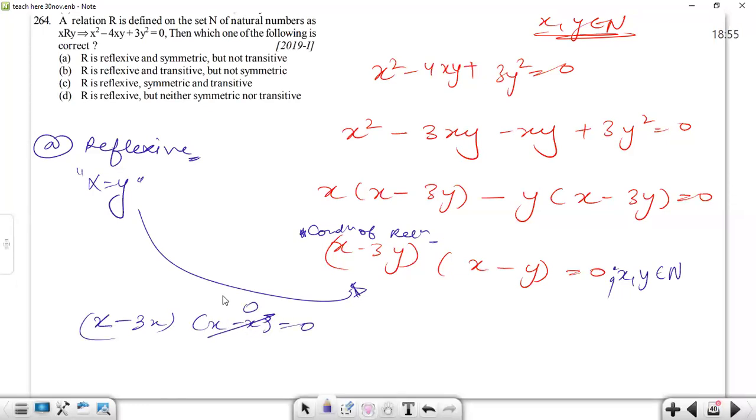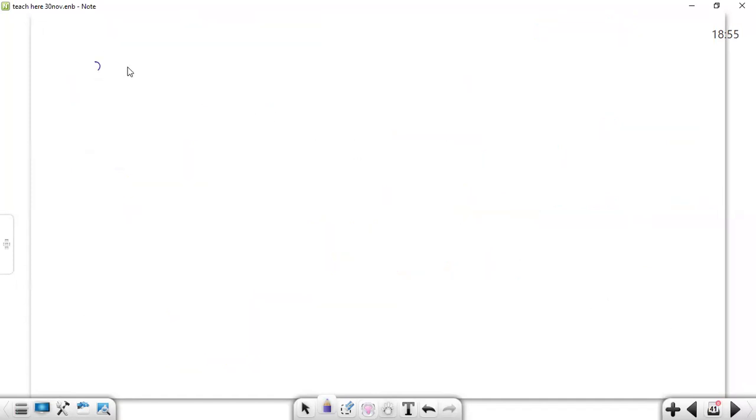Yes, this is 0. So that's how the condition is getting satisfied and the relation is reflexive. Clear? Any doubt? No doubt, sir. So the relation is (x minus 3y) into (x minus y) equals 0, where x and y have to belong to natural numbers.